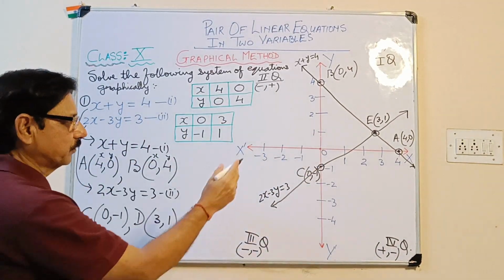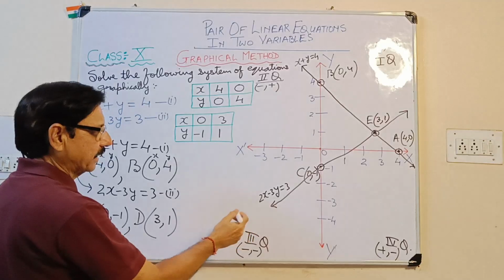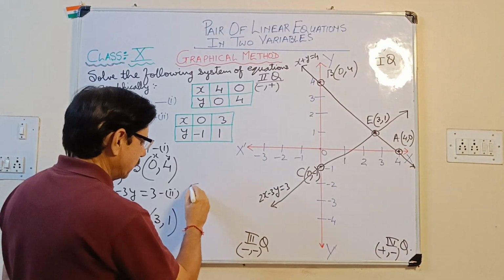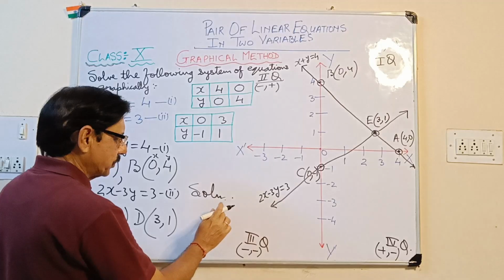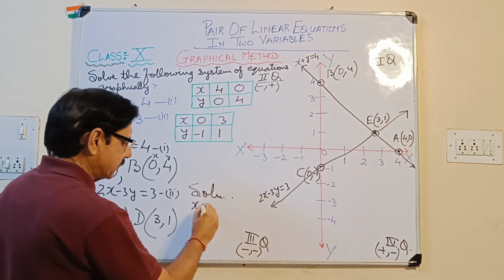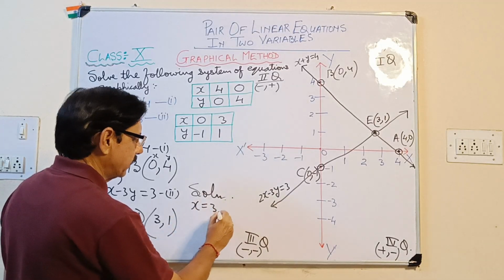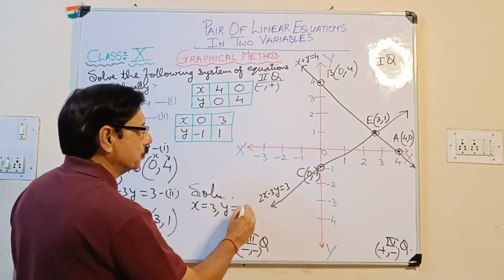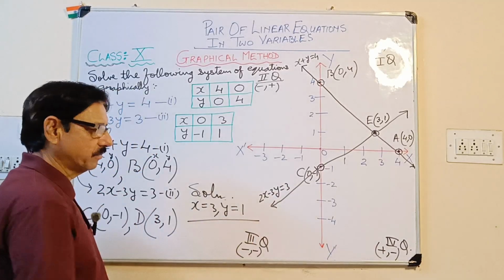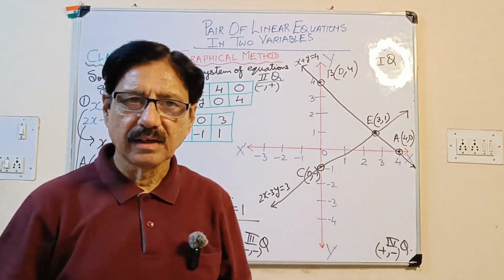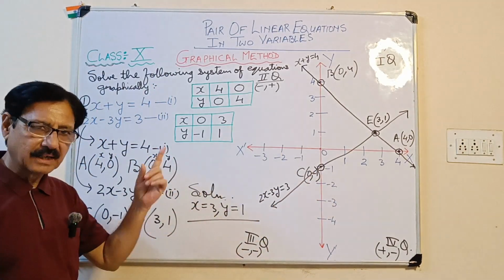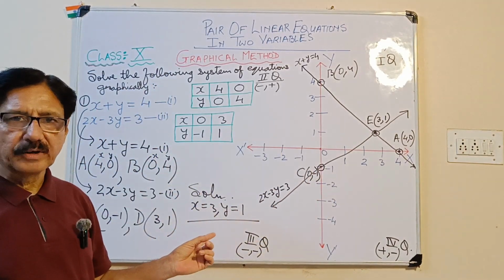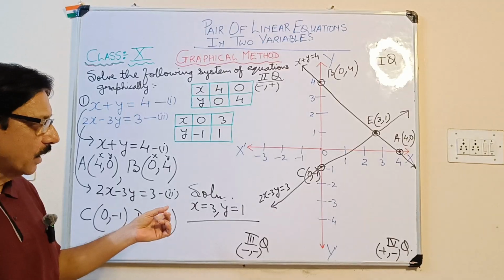So what sort of lines are we getting? Intersecting lines. So what is the solution for this system of linear equations? The solution is that x equals 3 and y equals 1 is the final solution you will get graphically. So graphically we have solved, we applied that condition also and we checked it in advance.